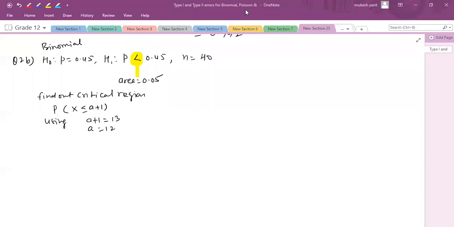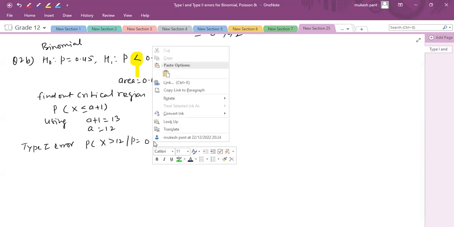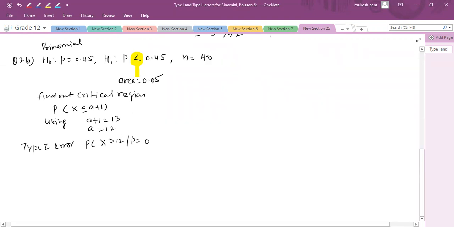So we have got the critical region. Wait a minute, this is type 1 error, not type 2 error.